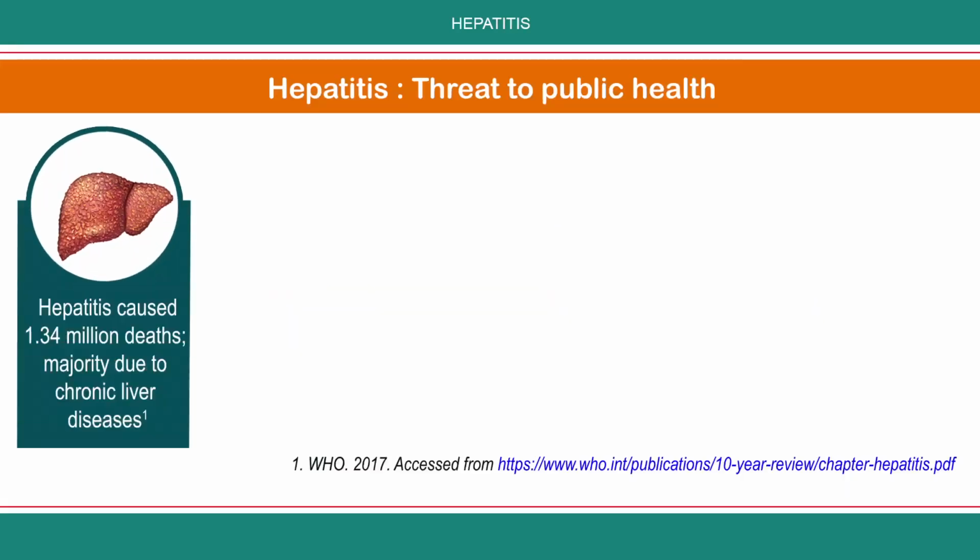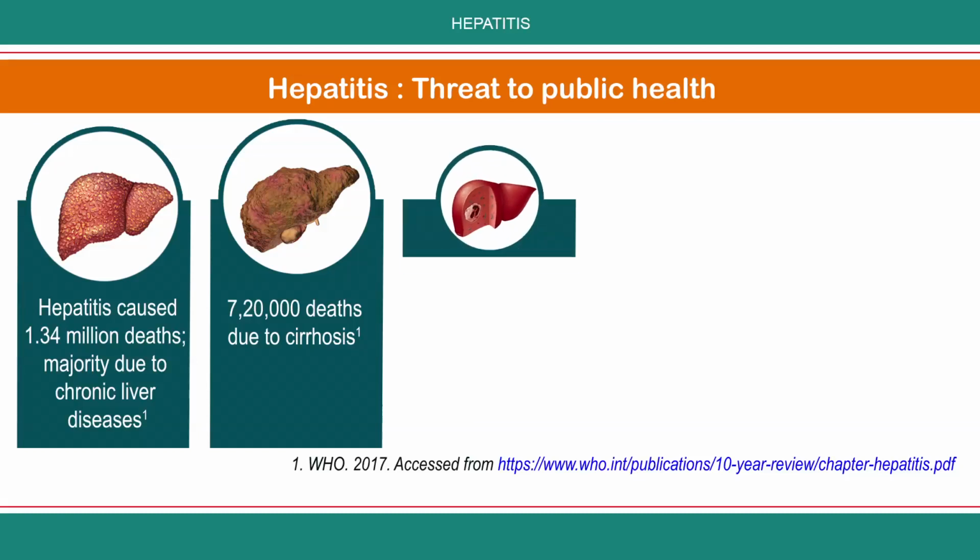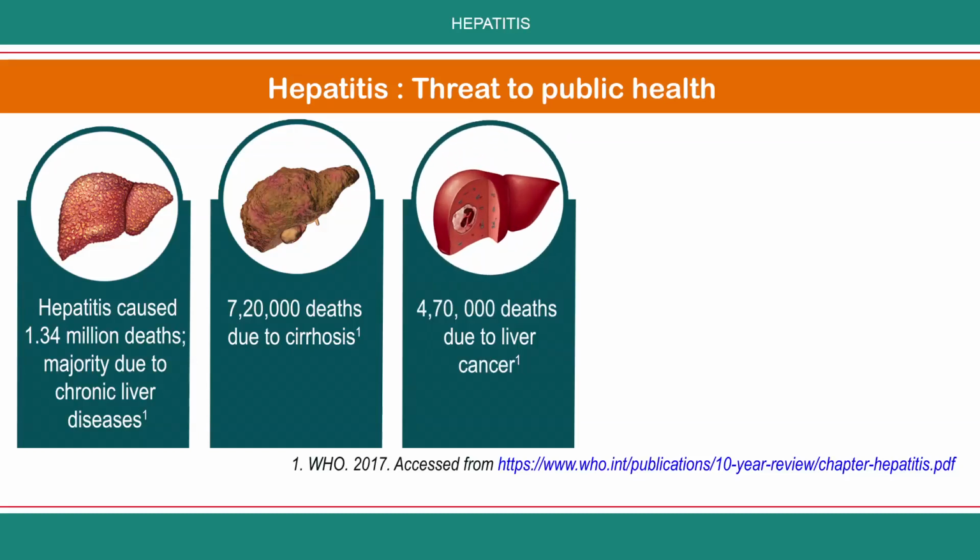Viral hepatitis caused 1.34 million deaths in 2015, and most of these deaths were due to chronic liver diseases. In fact, 720,000 deaths were due to cirrhosis, and 470,000 deaths were from primary liver cancer across the world.